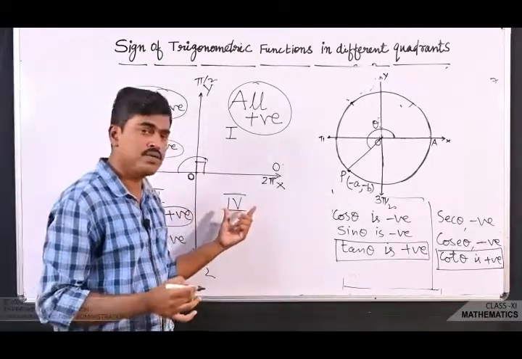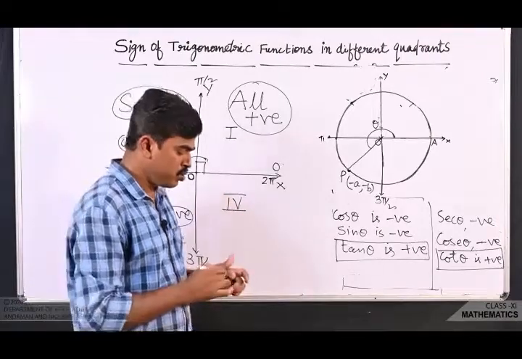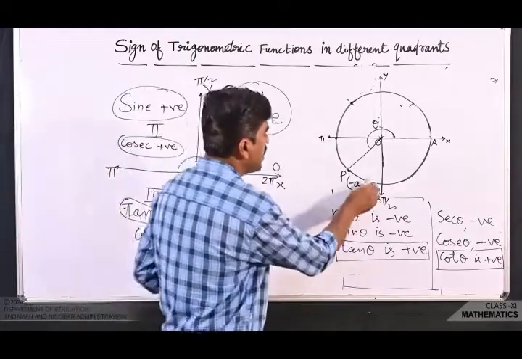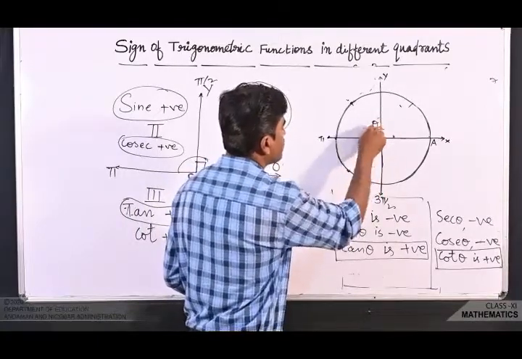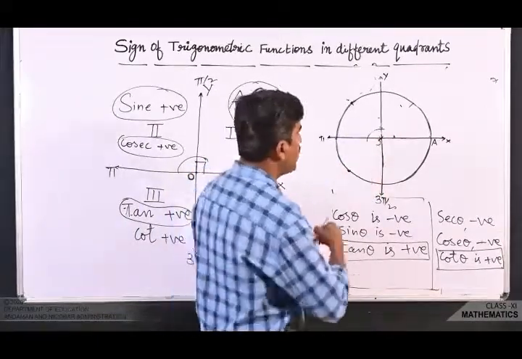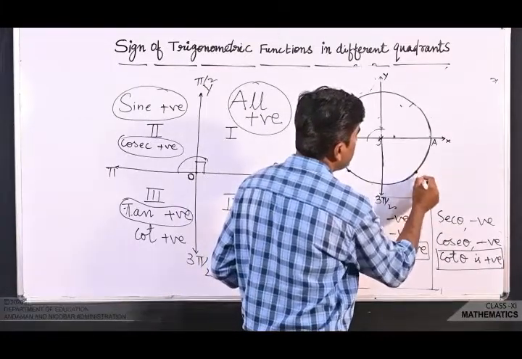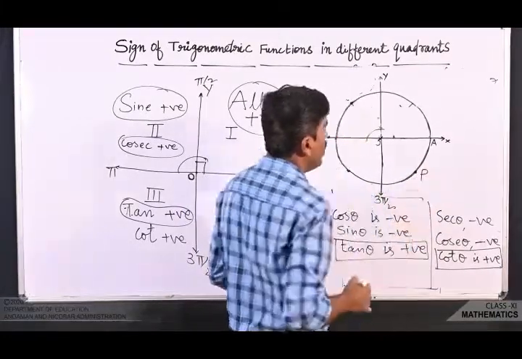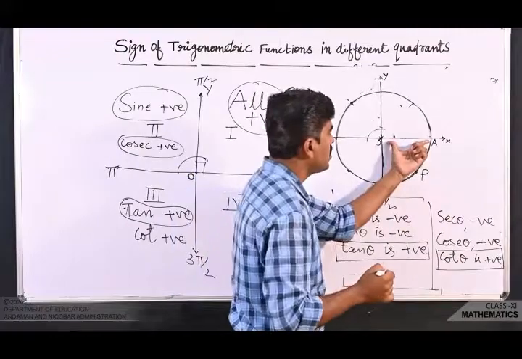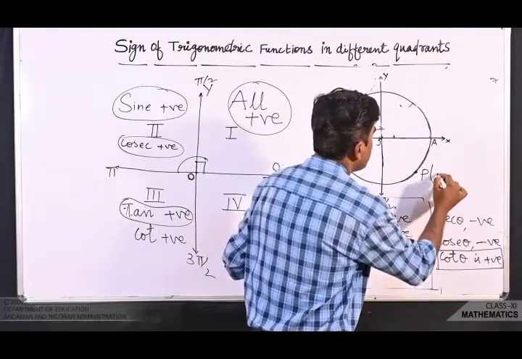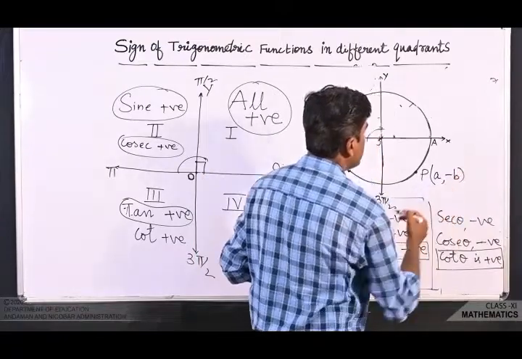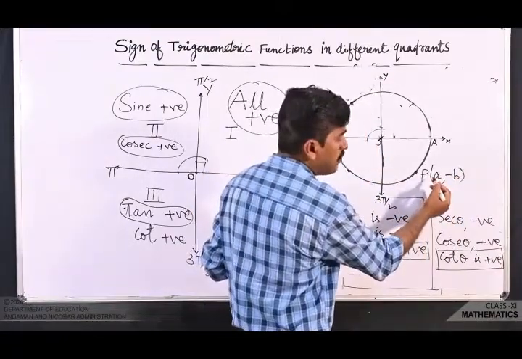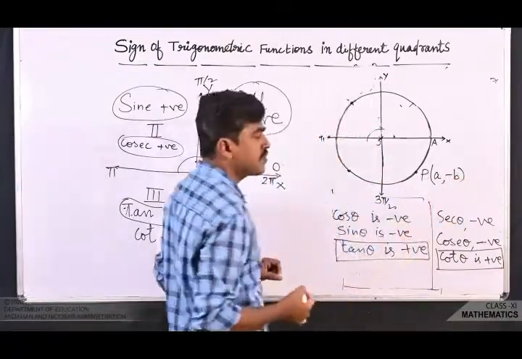Now let's move on to the fourth quadrant. If this point P is taken as a point in the fourth quadrant, this point P is in the fourth quadrant on the circle. Here the x coordinate will be positive, whereas the y coordinate will be negative. So the coordinates of the point P are a comma minus b.